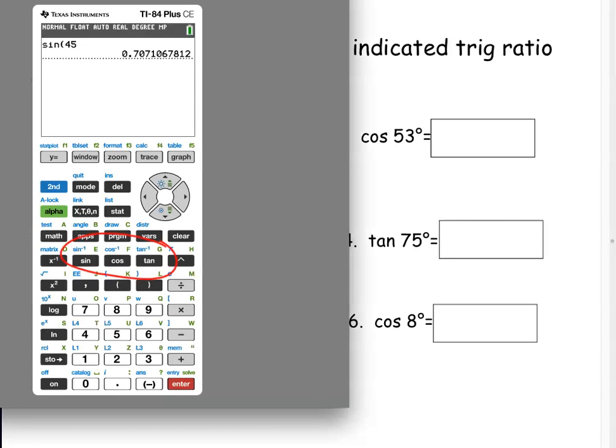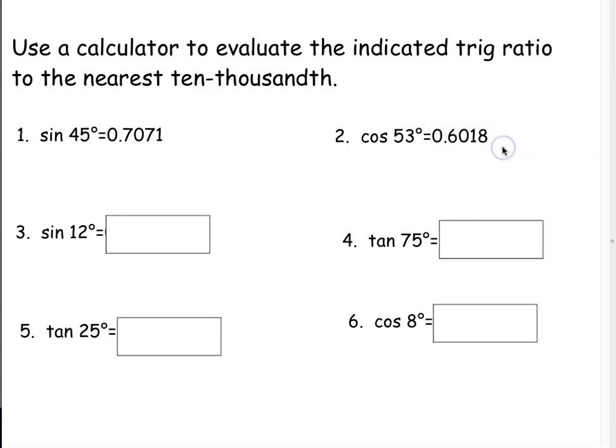So again, using our trig keys, cosine of 53, and we should have 0.6018. Remember that if you do have to round, look at the number after where you want to chop it off. If it's 5 or higher, you're going to round up. If it's under 5, you just drop it off.